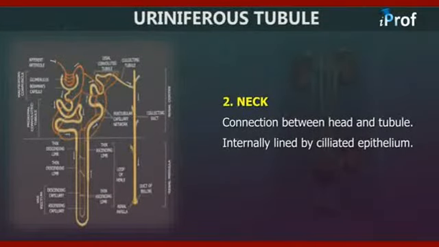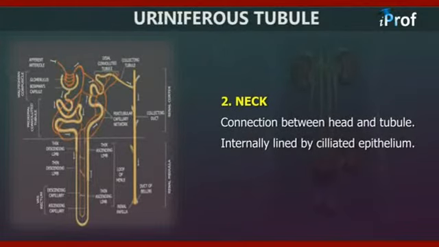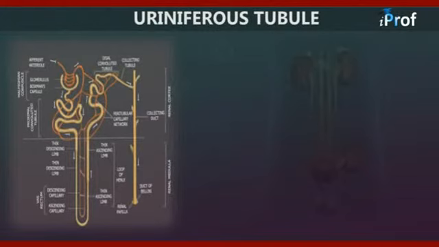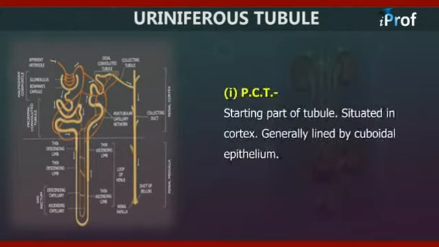Then neck is connection between head and tubule and internally lined by ciliated epithelium, and that secretory tubules, first of all PCT, proximal convoluted tubule.